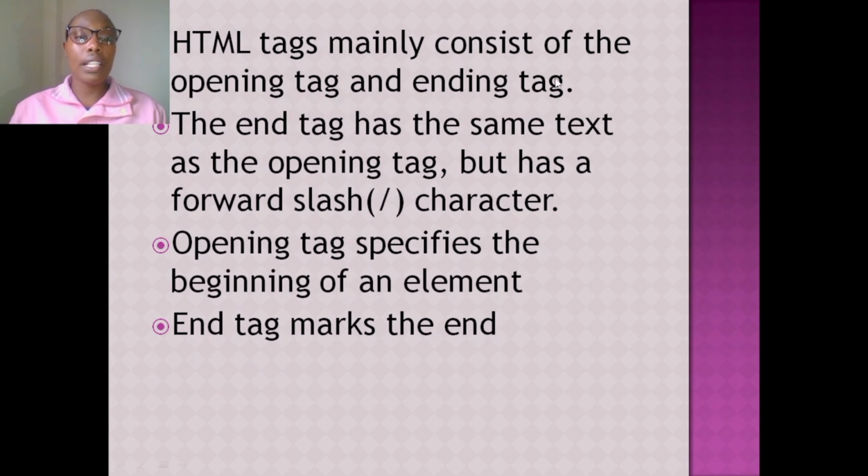We have the opening tag and the ending tag, also known as the closing tag. The end tag has the same text as the opening tag, but it has a forward slash character. We're going to see that. The opening tag specifies the beginning of an element, while the end tag marks the end.